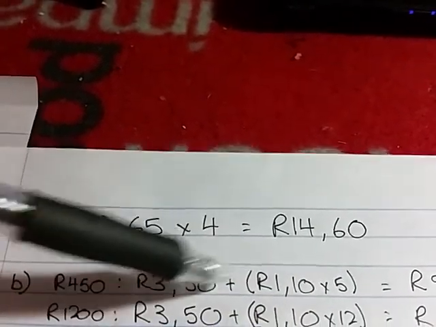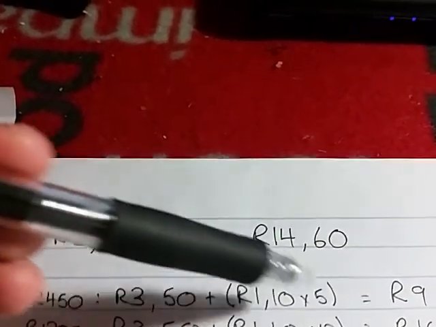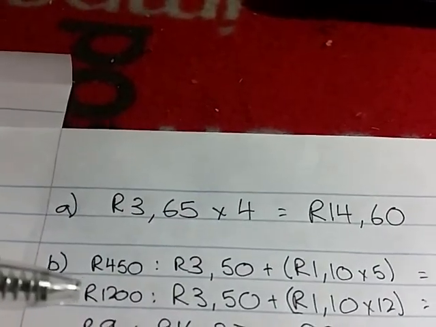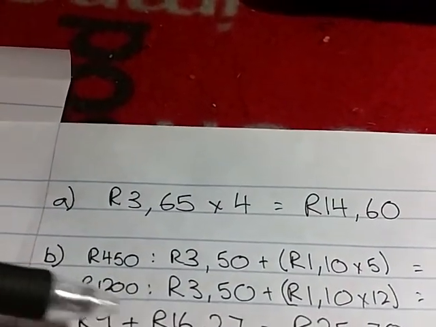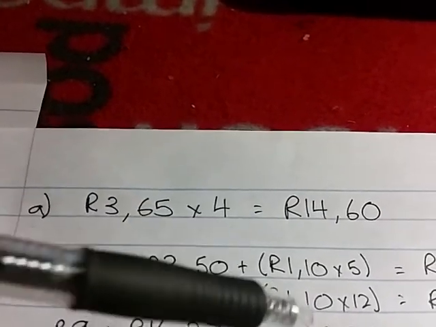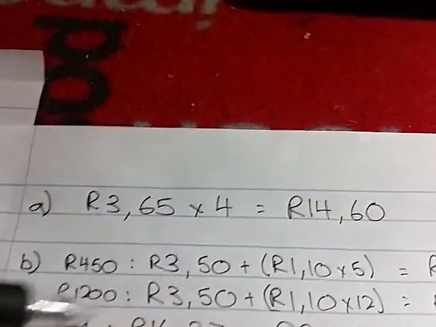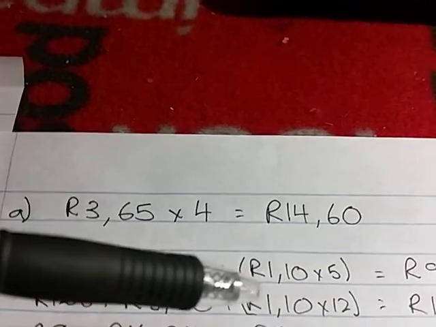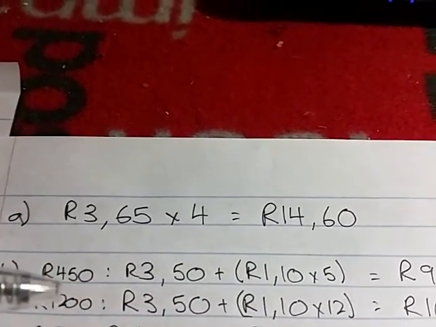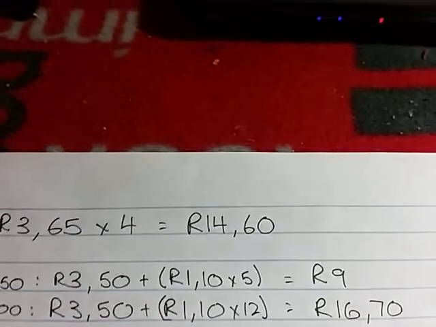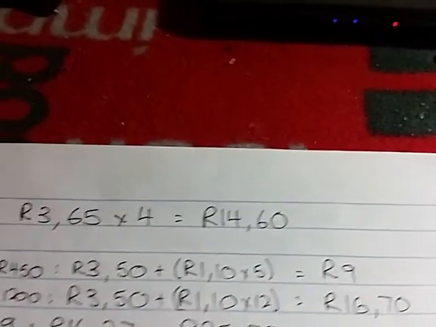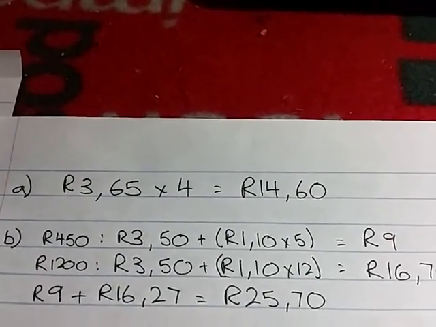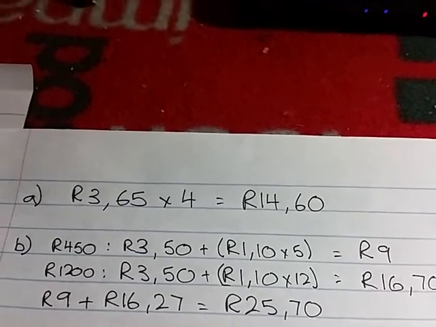So that's 3.50 plus 1.10 times 5, which gives me 9 rand. For the 1,200, fortunately there are no extra intervals, so there are straight 12 intervals of 100. That's 3.50 plus 1.10 times 12, giving you 16 rand and 70 cents. The full fee for those two will be 25 rand and 70 cents.